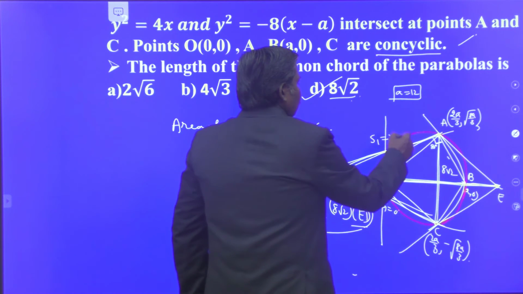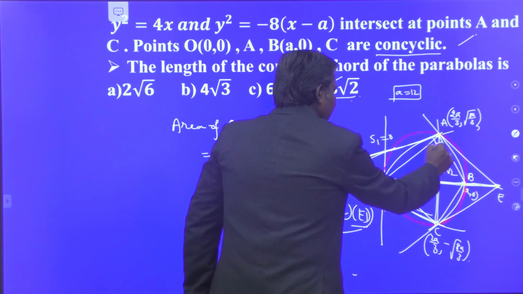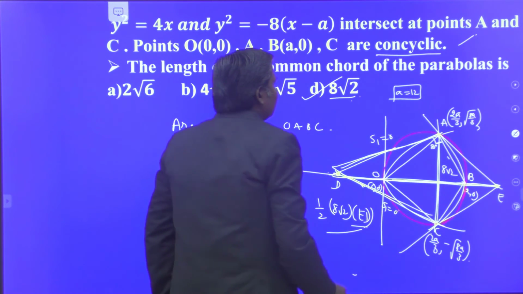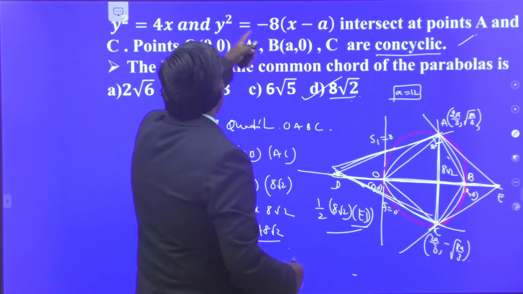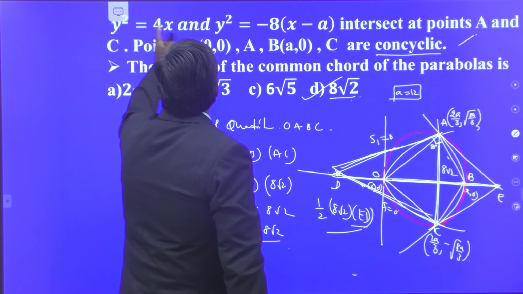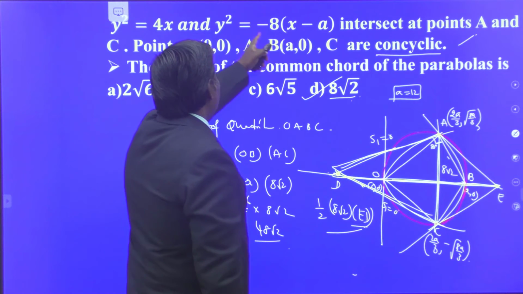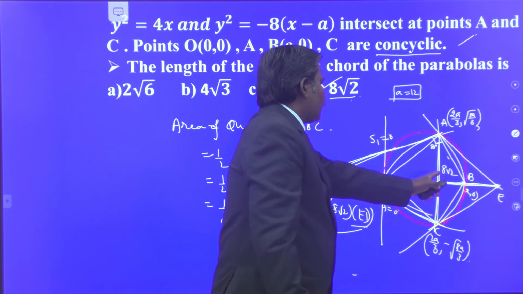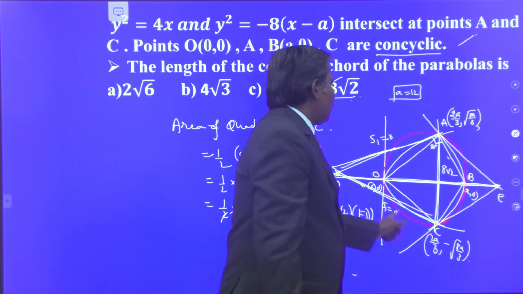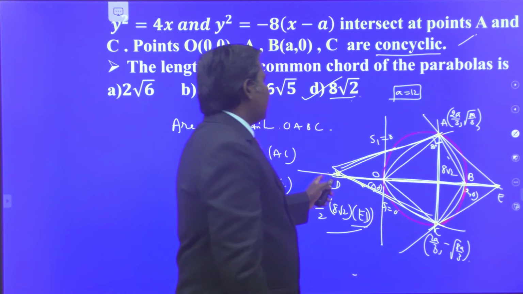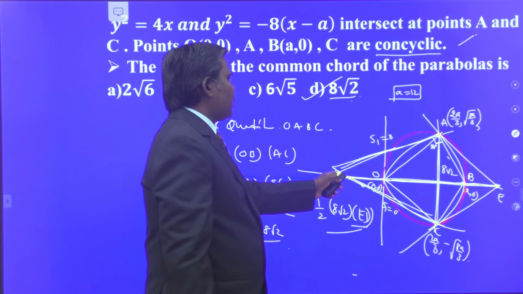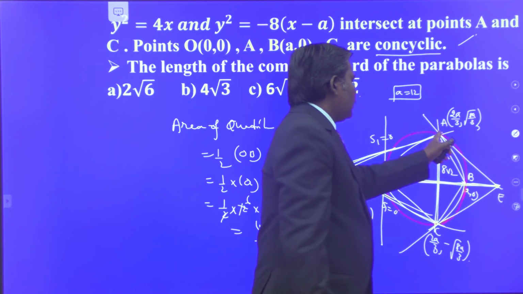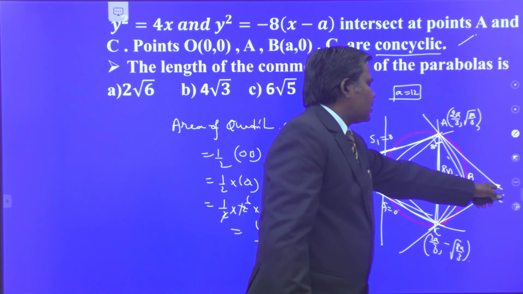If you are not going to use that method, write the equation of the common chord. It is nothing but just equate both y square values, y square equal to minus 8 times x minus a, you get some line equation. Find the pole of that line with respect to the parabola, that is n by l comma minus 2a m by l. Similarly, find the pole with respect to this parabola, you get that point.